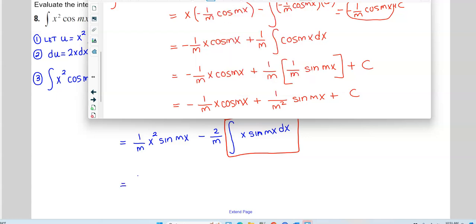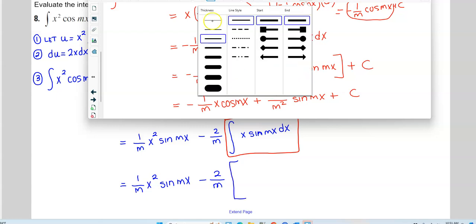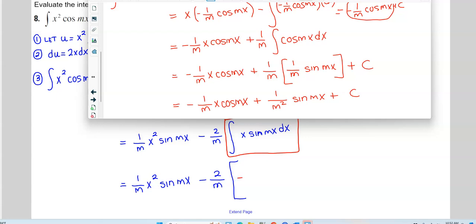So we have 1 over m x squared times the sine of mx minus 2 over m times what we got up here, which was negative 1 over m times x times the cosine of mx plus 1 over m squared times the sine of mx, and that is plus c.